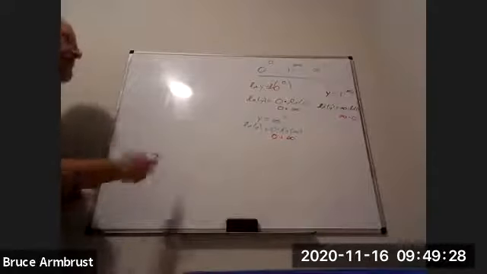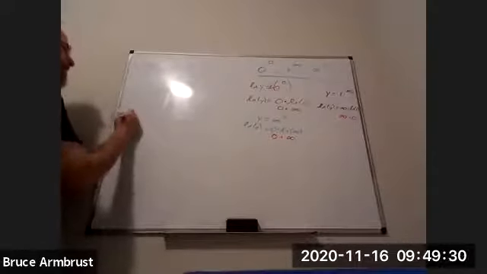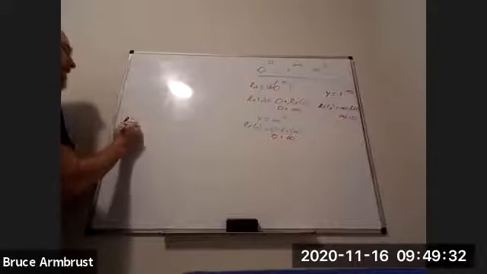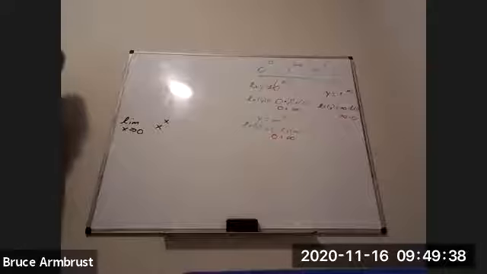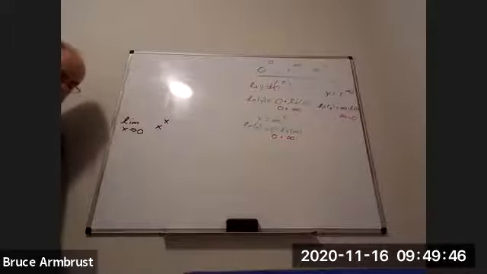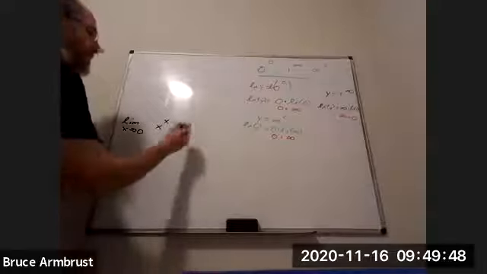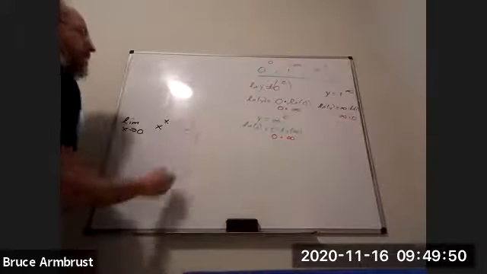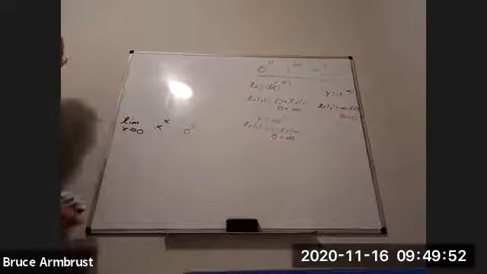So let's start with this guy. Let's do a limit as x goes to 0 of x to the x. So clearly, you can see that this gives us 0 to the 0, which is one of those indeterminate forms.